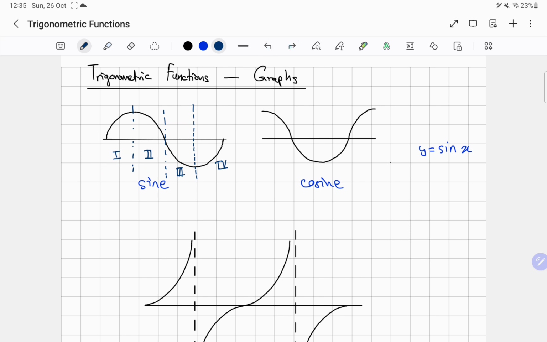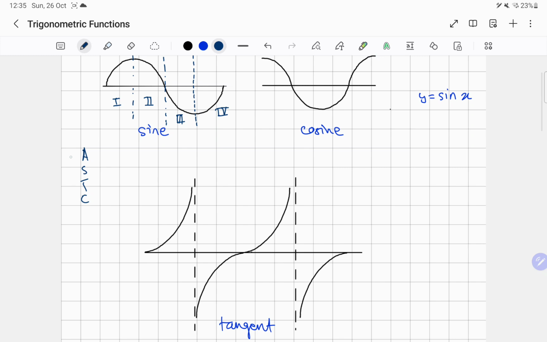So if you look at the sine graph, this is what it will look like, and it will agree with what we have already seen so far, which is the ASTC rule. In the first quadrant, all of sine, cosine, and tangent are positive.